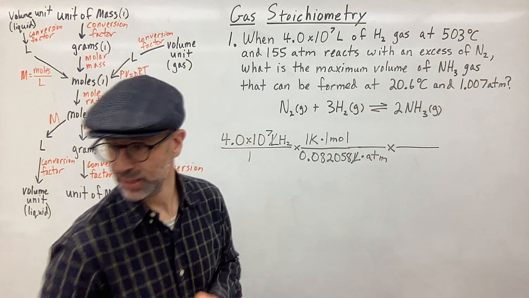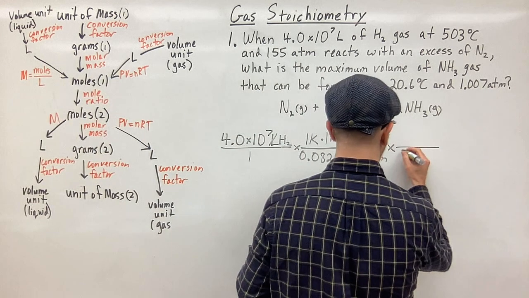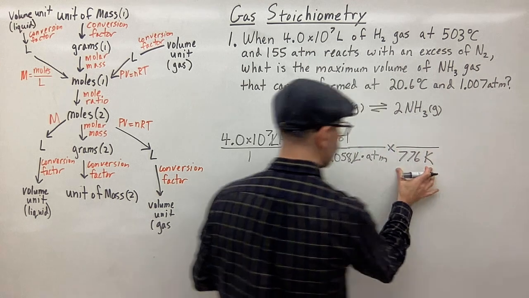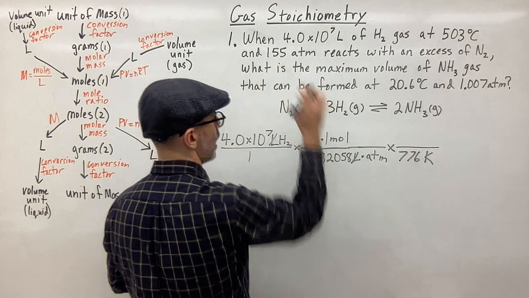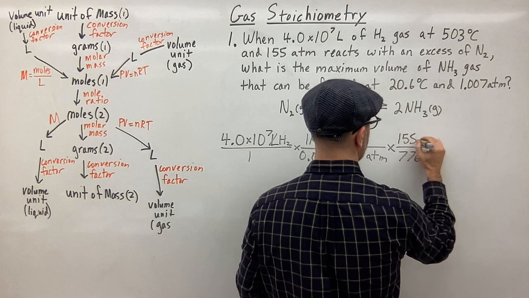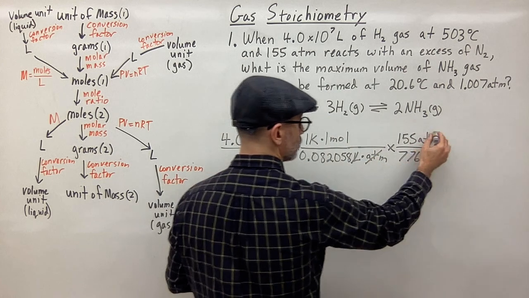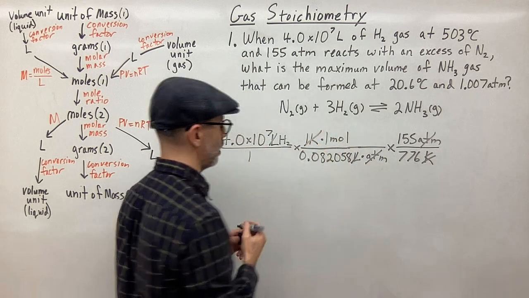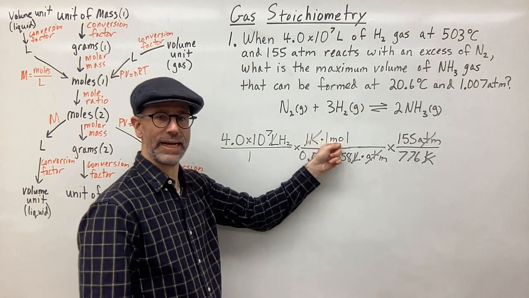So when we calculated the temperature, 776, I'm rounding it this time, so 776 Kelvin goes on the bottom, and then the atmospheres goes on top, so we're going to put 155 atmospheres. Then atmospheres cancels out, Kelvin cancels out. Now we're left with moles of hydrogen.